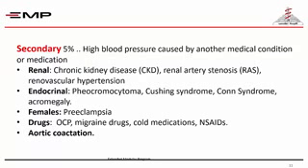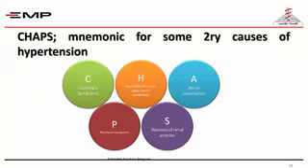It can be classified into many types, like renal hypertension with chronic kidney disease, with renal artery stenosis, like renovascular hypertension, endocrinal hypertension like with pheochromocytoma, Cushing syndrome, Conn's syndrome, and acromegaly, in females with preeclampsia, with some drugs like oral contraceptive pills, migraine drugs, some cold medications, and non-steroidal anti-inflammatory drugs, with some other conditions like aortic coarctation.